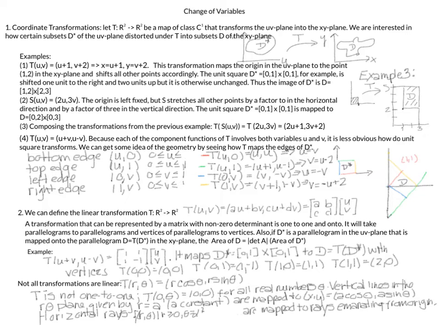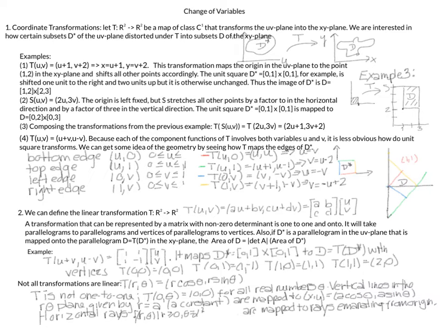So for example, T of any radius r, 0, theta gets mapped into 0, 0. So all real numbers of theta get mapped to 0, 0. And vertical lines in the r theta plane, given by r equals a, where a is a constant, are mapped to a cosine theta, a sine theta, and so on.